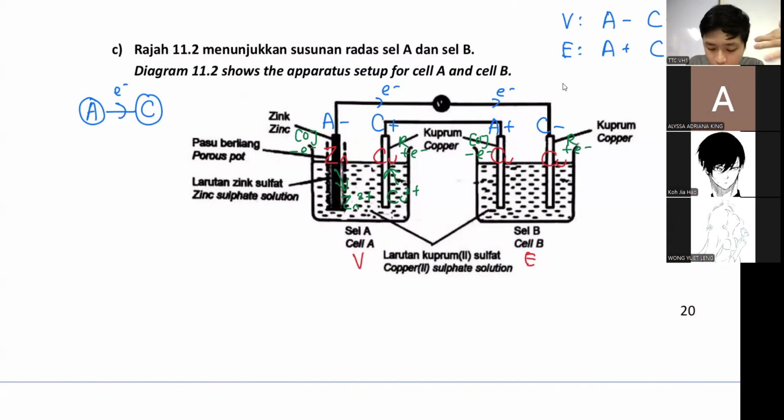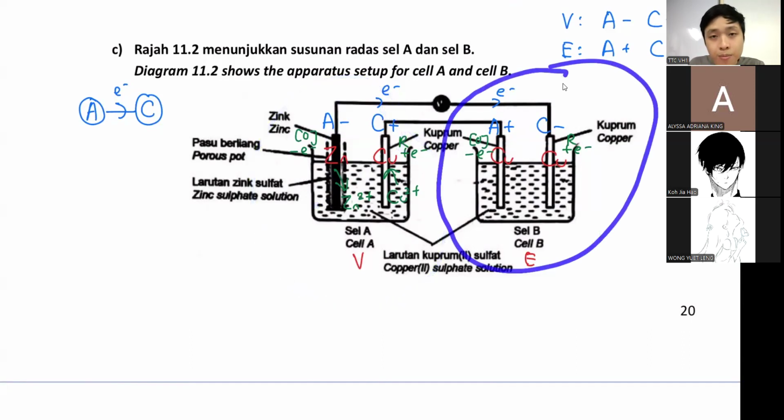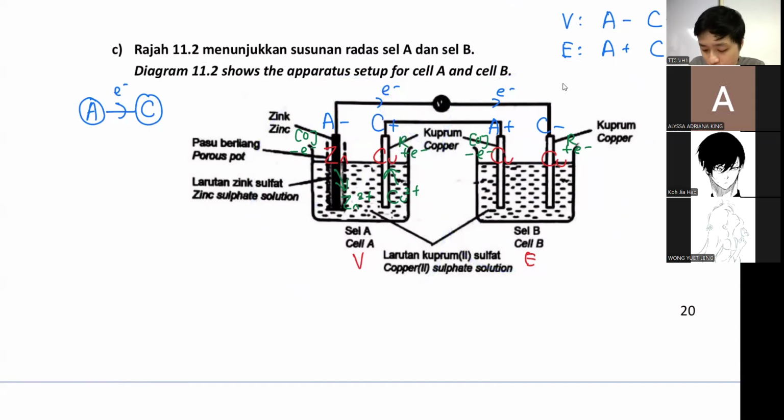For the voltaic cell we've already done the analysis, but for the electrolytic cell, you always have to see what is the electrolyte used and what are the ions inside, to determine which ion undergoes oxidation, or sometimes it can be an atom or a molecule. So you got copper(II) sulfate solution.